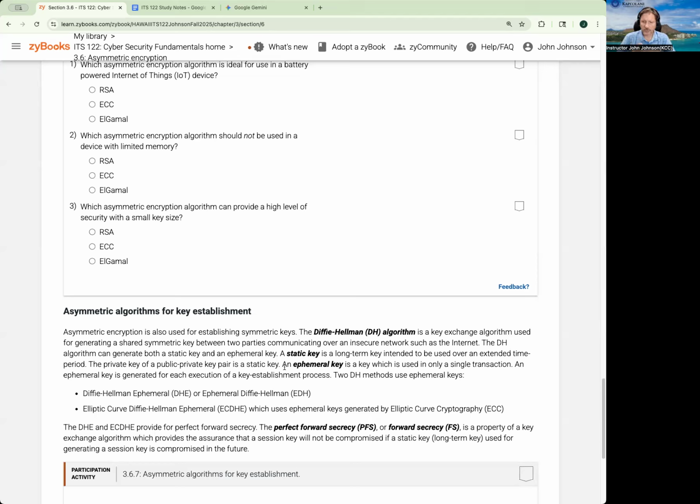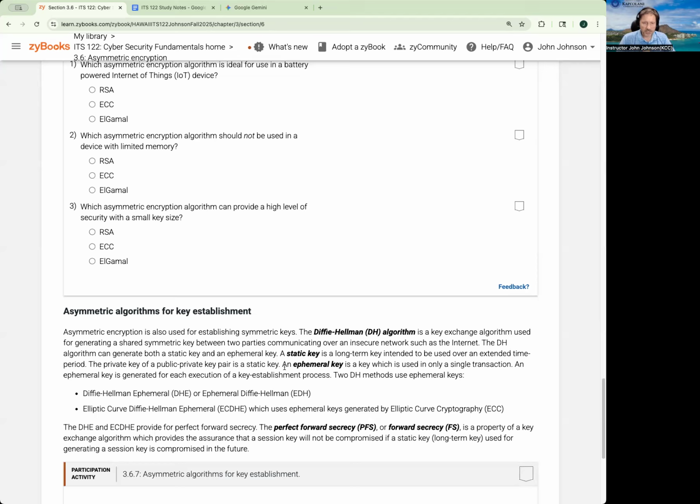The two methods that we use for this are Diffie-Hellman ephemeral, which is DHE or EDH, the same words in each one, ephemeral and Diffie-Hellman. The other one is ECDHE, the elliptic curve Diffie-Hellman ephemeral, and that's going to use ephemeral keys that are generated using the elliptic curve cryptography that we talked about above.